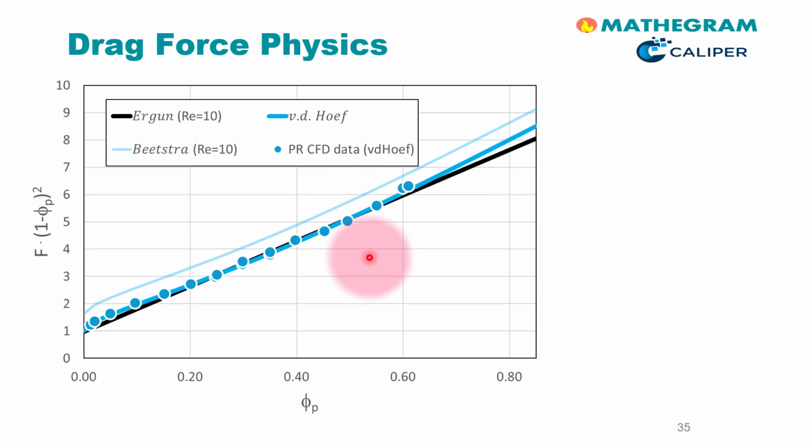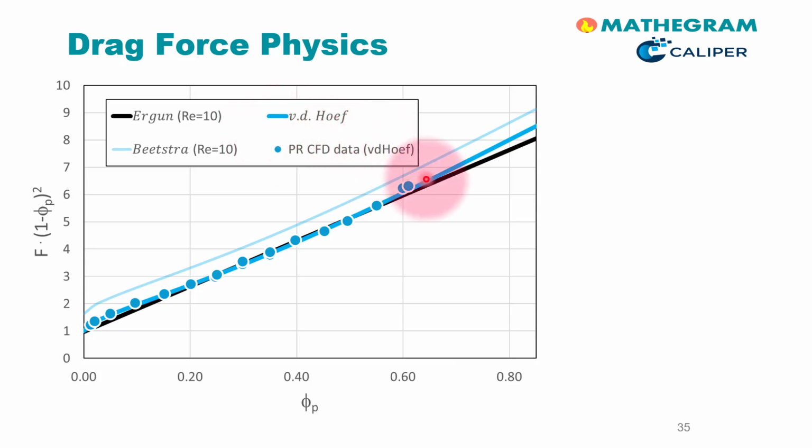What can be observed is that the van der Heuvel correlation is in perfect agreement with PR-CFD data. PR refers to particle resolved, which was generated for the limit of vanishing, so 0 Reynolds number.